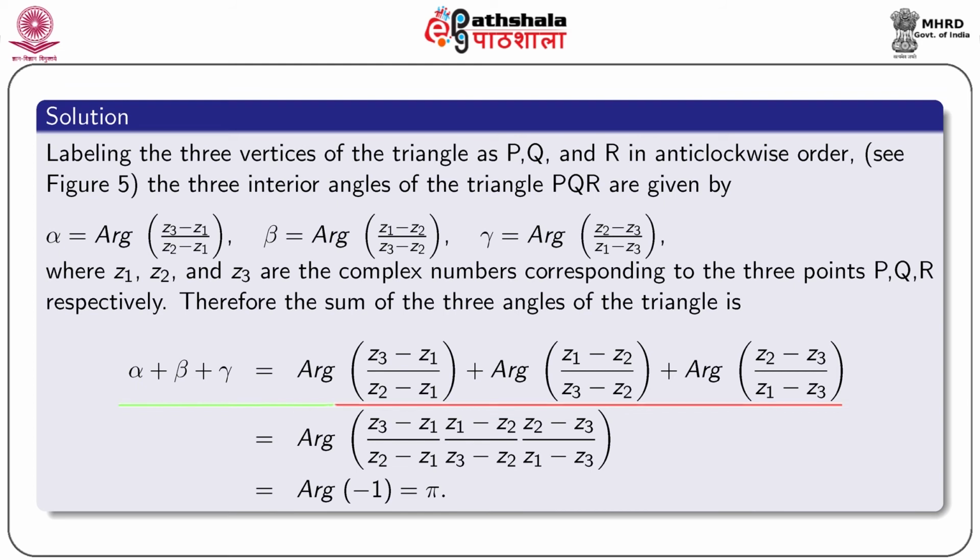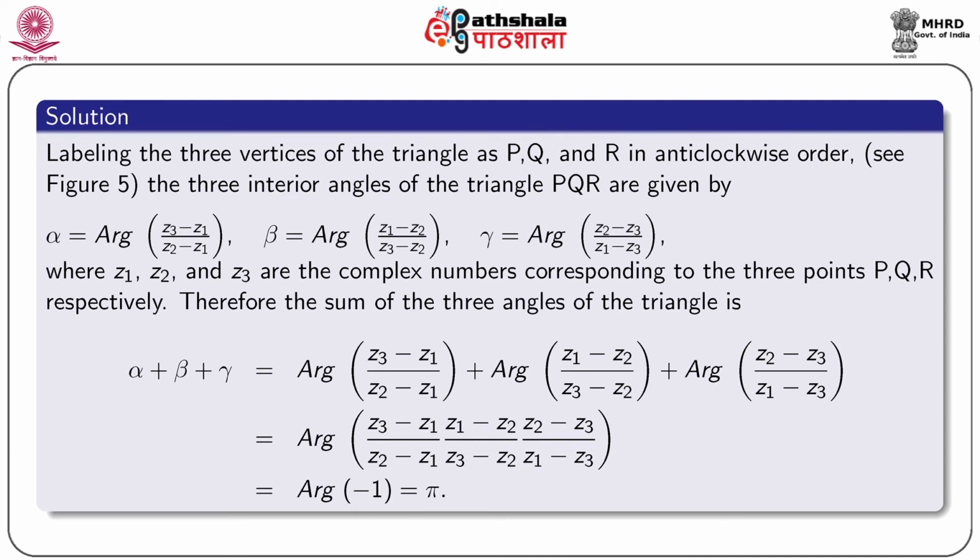argument of Z3 minus Z1 by Z2 minus Z1 plus argument of Z1 minus Z2 by Z3 minus Z2 plus argument of Z2 minus Z3 by Z1 minus Z3, and we know argument Z1 plus argument Z2 is equal to argument of Z1 into Z2.